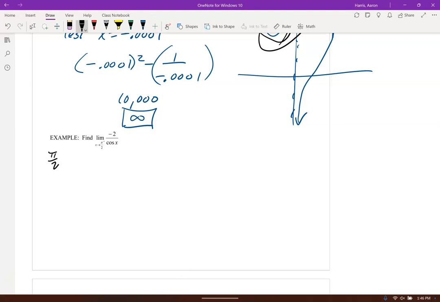Pi halves is about 1.570796, so let's approach it from the right with something a little bit bigger, like 1.571.